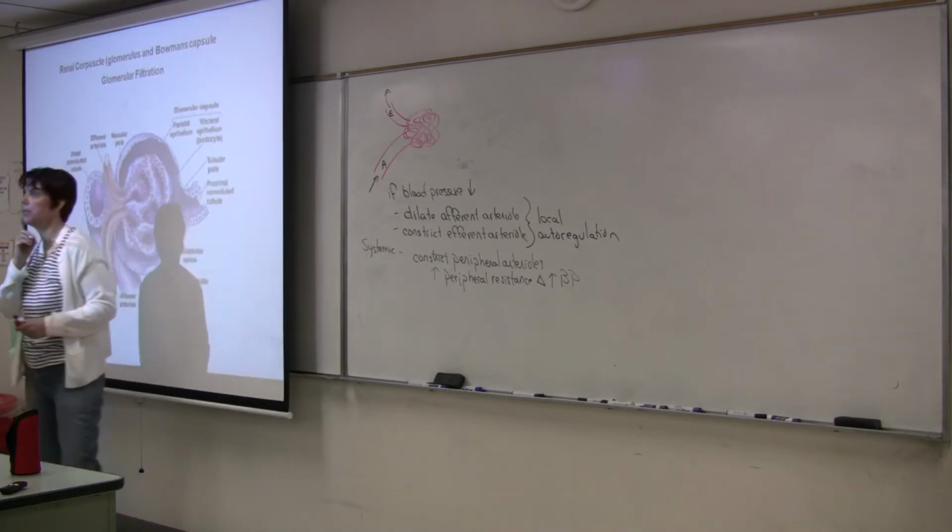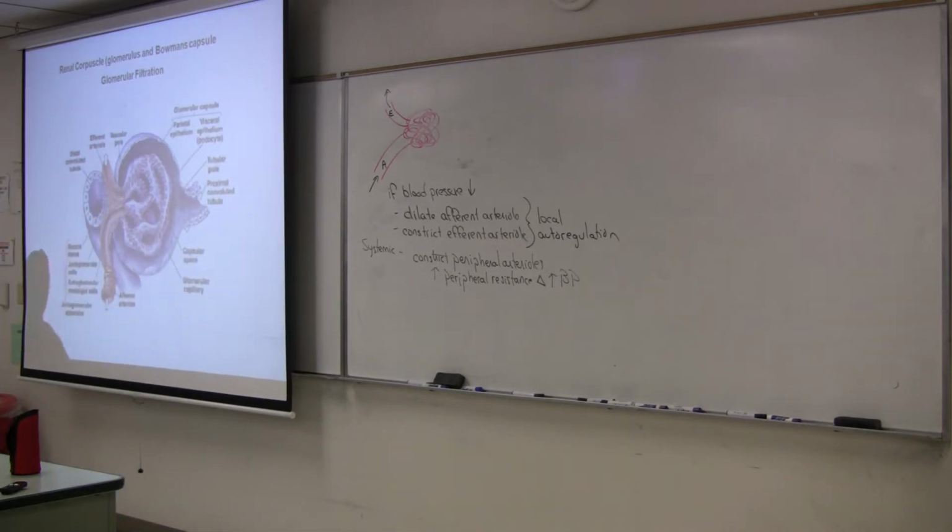What else can we do on a systemic level if we want to increase blood pressure? Thinking back to our lecture on blood pressure and cardiac output, what can we do to increase blood pressure? Increase contractile force. Yes, we can do that. Cardiac output increase, which was another way of increasing cardiac output.